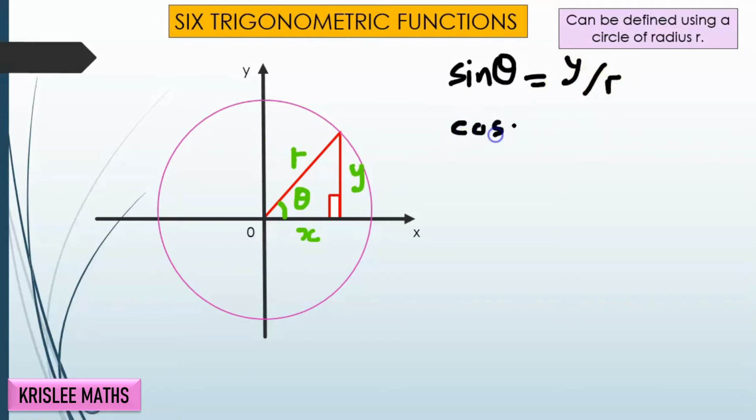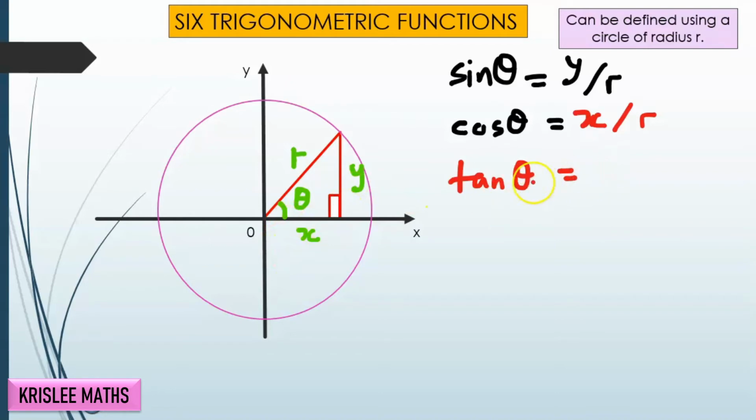Cos theta equals adjacent over hypotenuse. So adjacent x, hypotenuse r. Next, tangent. Tangent theta equals opposite over adjacent.